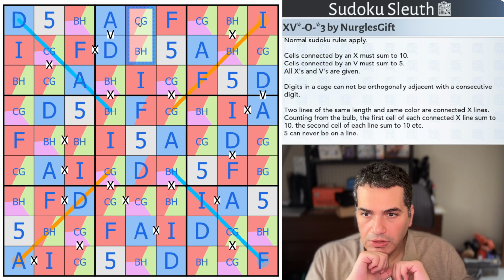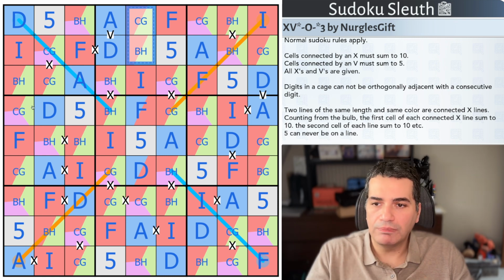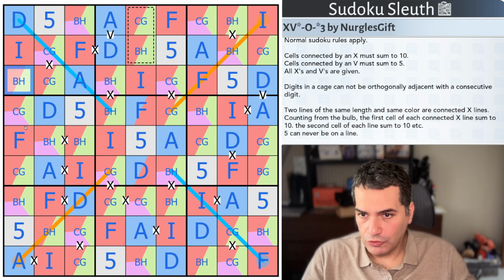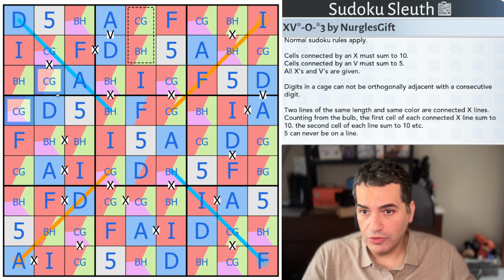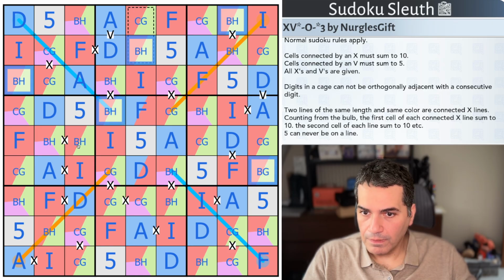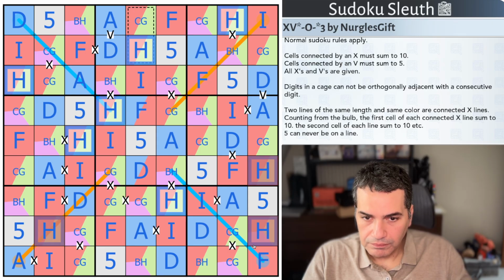Now, one thing that I can try and do, okay, here's a perfect example of that. That cannot be low. If that was B, it's consecutive either with this C or this C, because these two are different. One of them is purple, one of them isn't. So that cannot be B. So all the non-purple BHs are in fact H's.